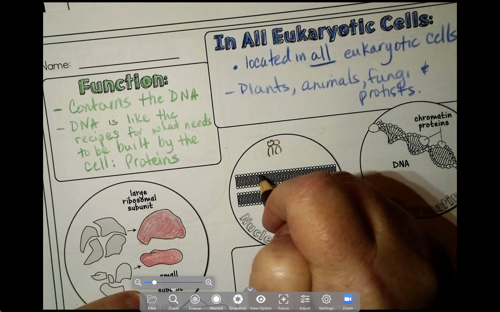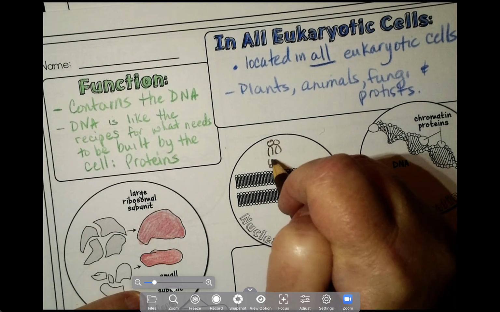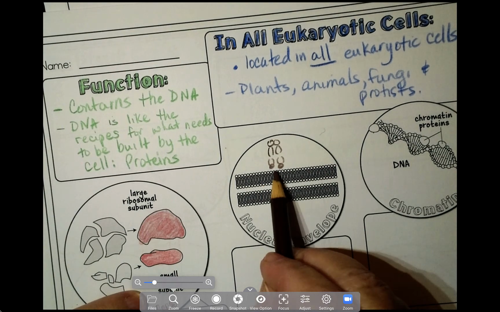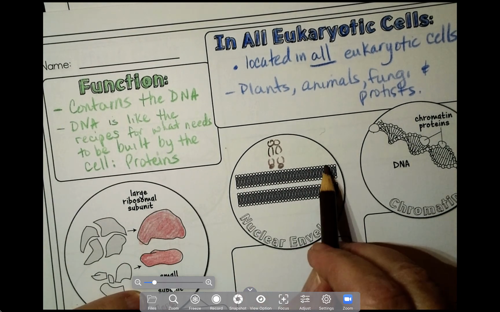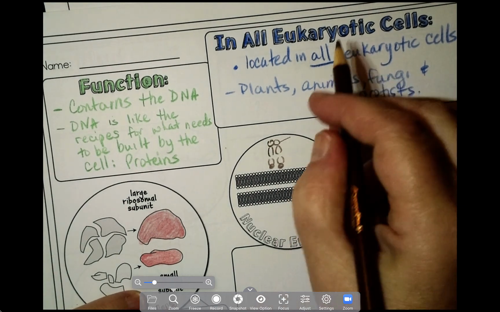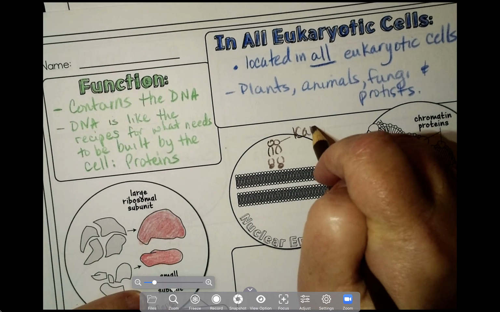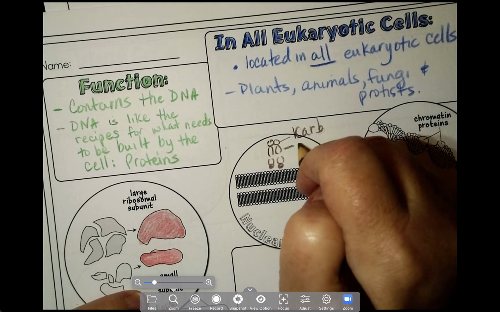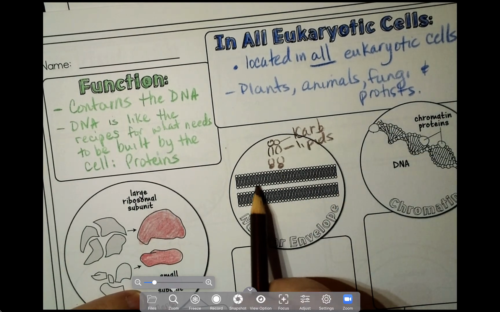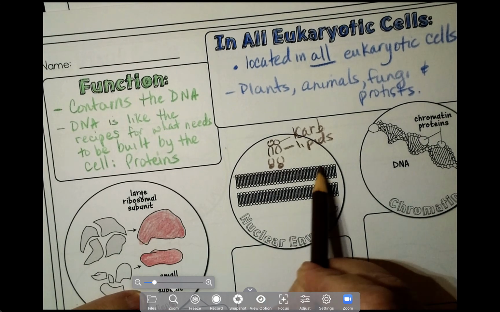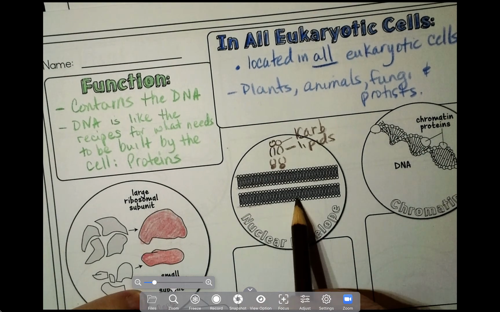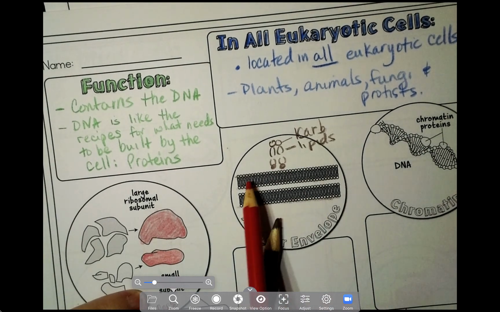Here's the top of some, and then there's more. This is a carbohydrate head and the lipid tail. So this is a carb head, made of carbs, and this is made of lipids. The same with down here. All of these are the carbs, and then the inside are the lipids.